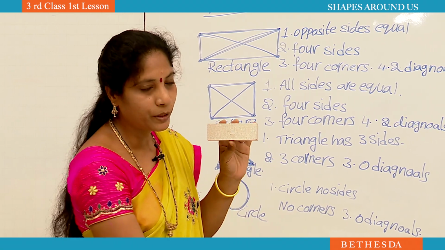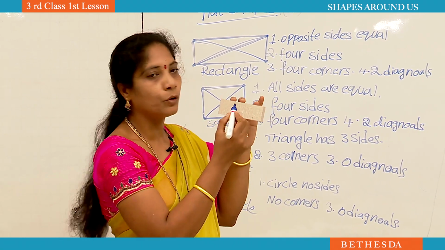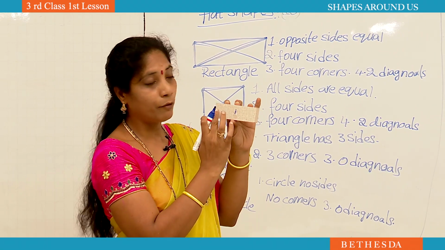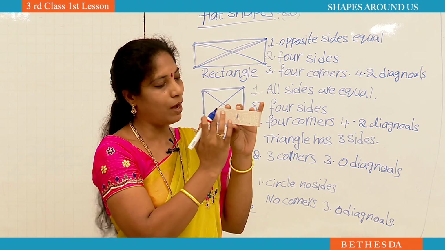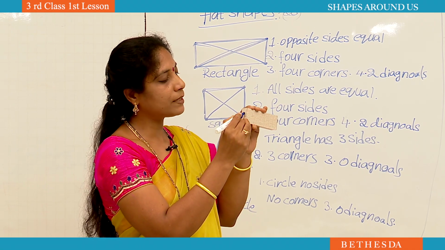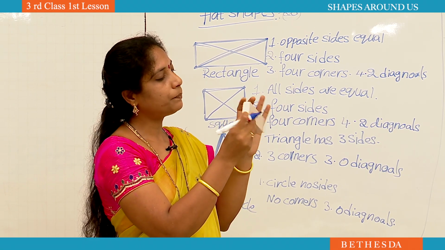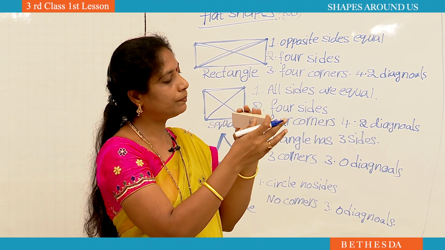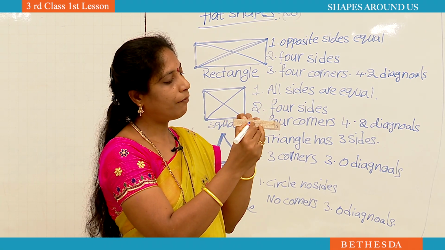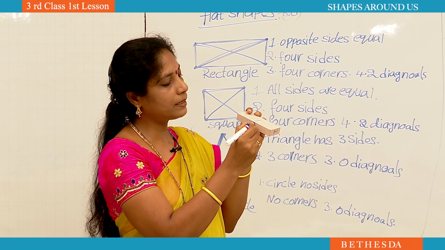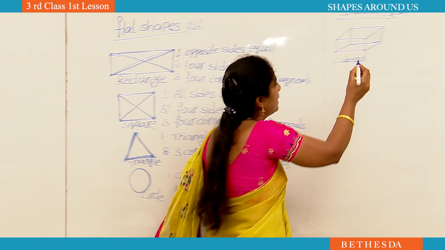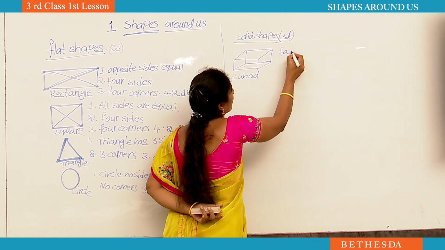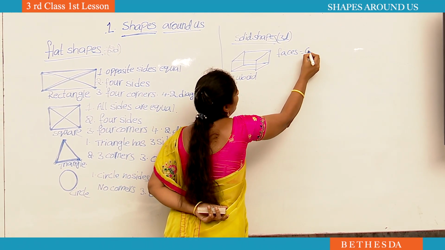Now, how many faces does a cuboid have? I will count. What is meant by face? What we can see, that side is called a face. 1, 2, 3, 4, 5 and 6. Cuboid has 6 faces.